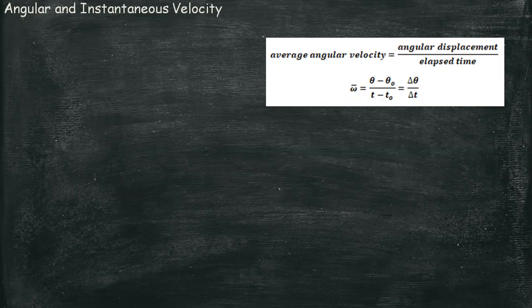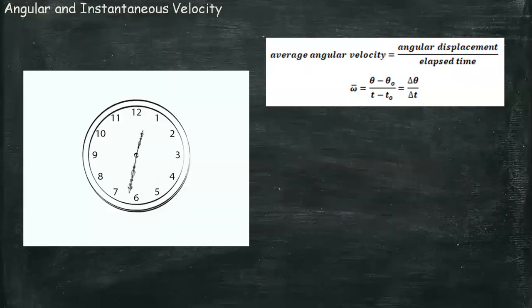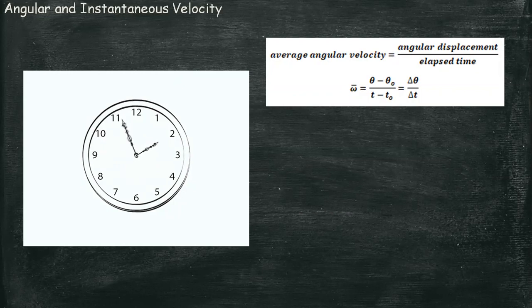In agreement with the sign convention for angular displacement, angular velocity is positive when the rotation is counterclockwise and negative when it is clockwise. So again, according to the convention, consider this figure.